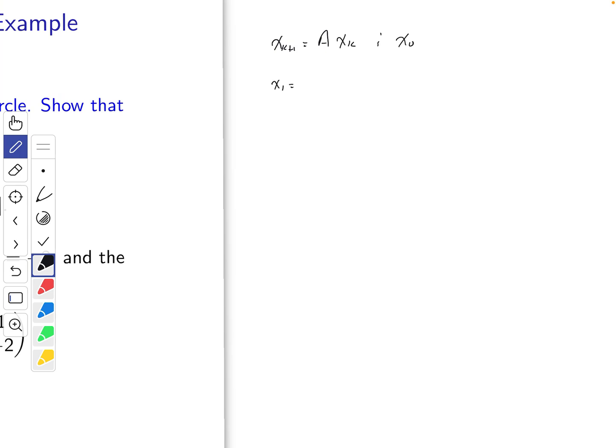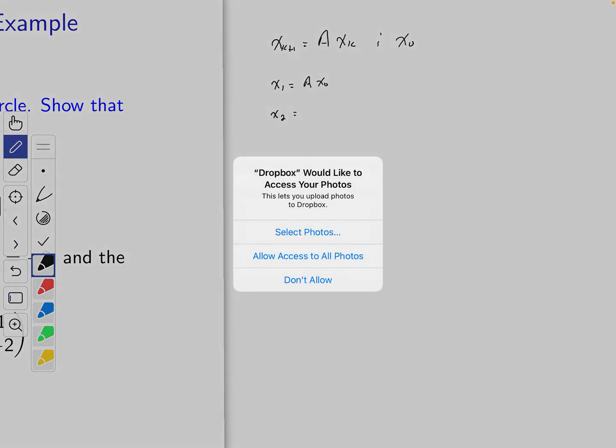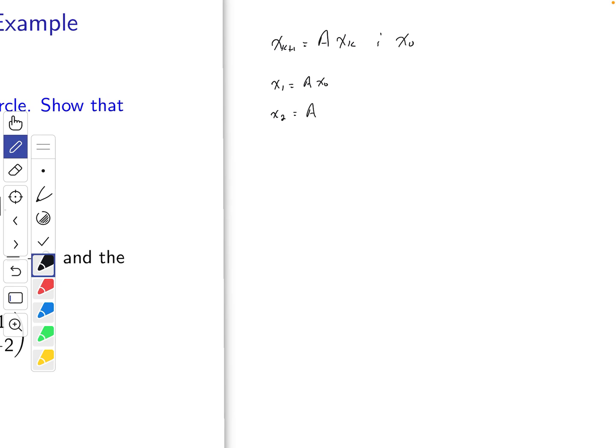So x1 is going to be A x0, x2 is going to be A times x1, which is A times A x0, so A squared x0. And then x3 is going to be A x2.